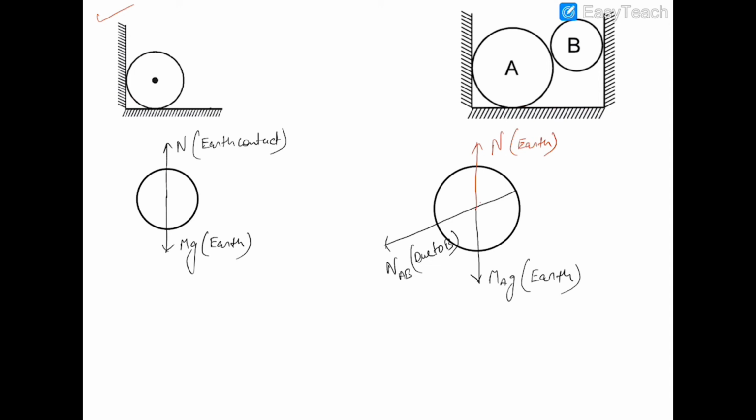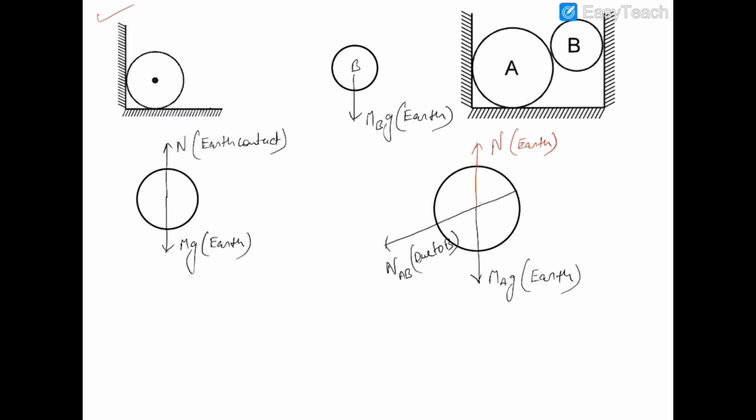So this is the 3-force free body diagram of ball A, and similarly if I draw the free body diagram of ball B, then there will be MBG, let me say it MBG, and it is acting on ball B due to earth, and there is a force of normal reaction due to this wall.